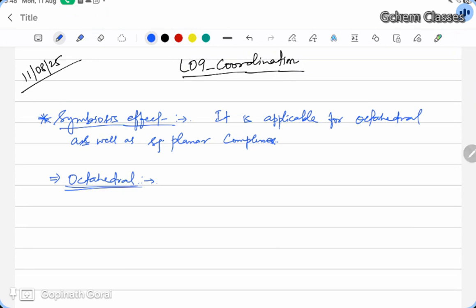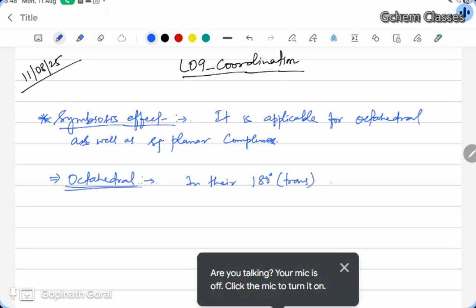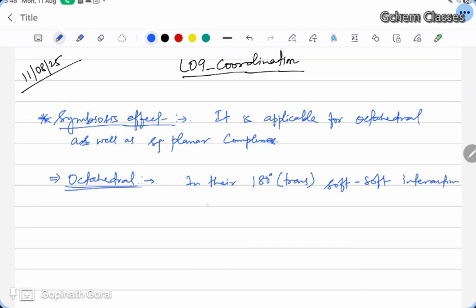So in octahedral, it will be soft interaction and hard interaction. Only you have to find in the 180-degree angle. 180-degree angle means we can write that in the trans phase, whether it is soft and soft interaction, or in that 180-degree trans phase, hard and hard interaction should be there.